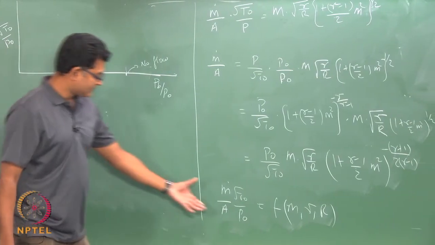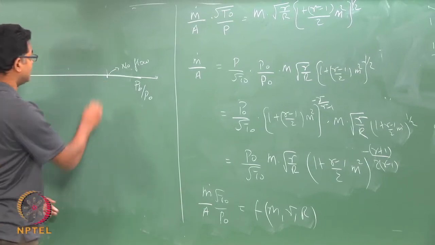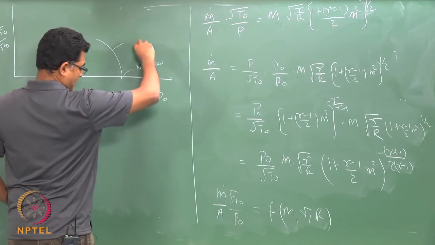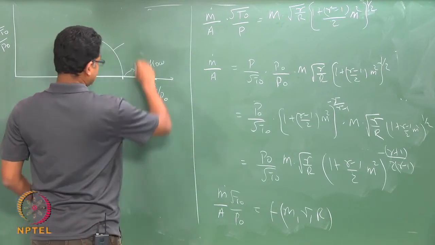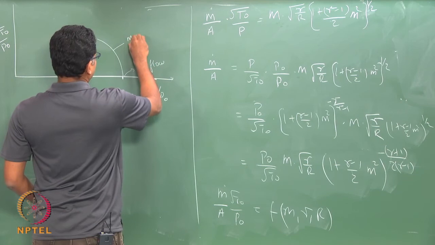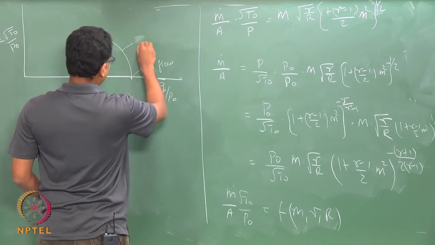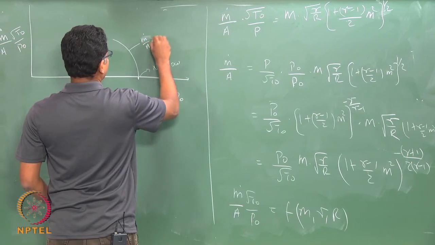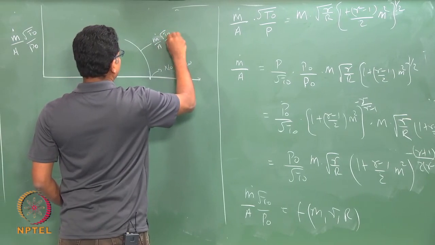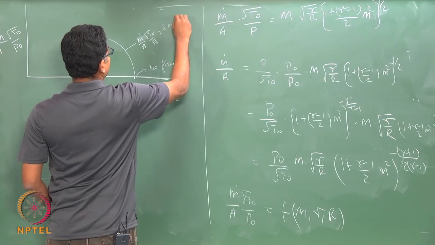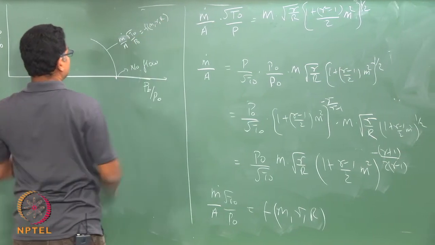So you would get a mass flow rate according to this equation, which is m dot by A root T0 by P0, a function of Mach number, R and T0.